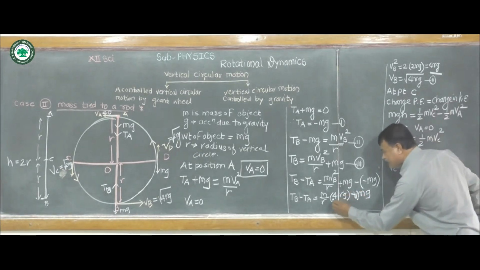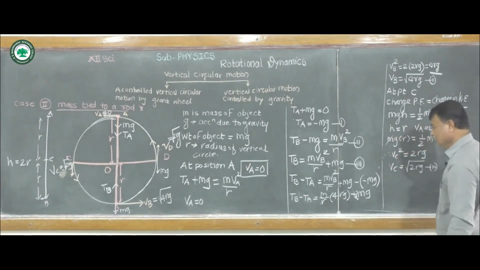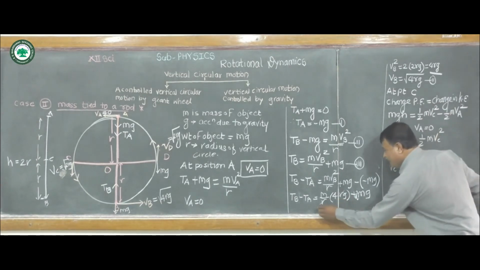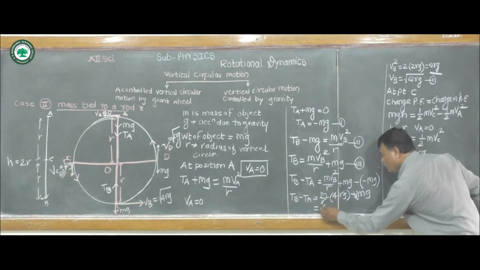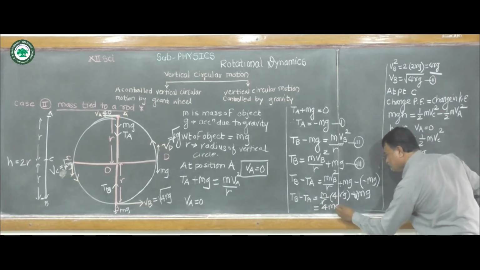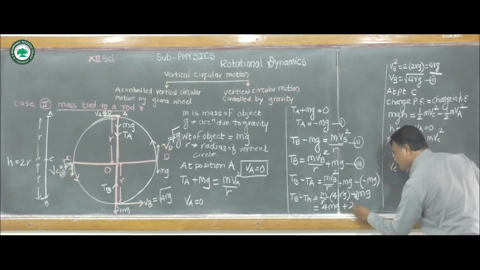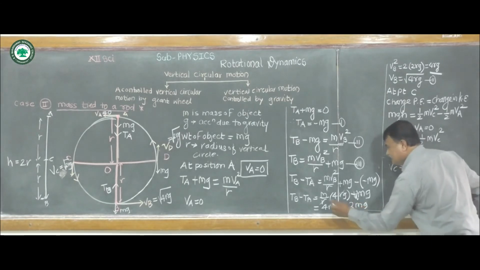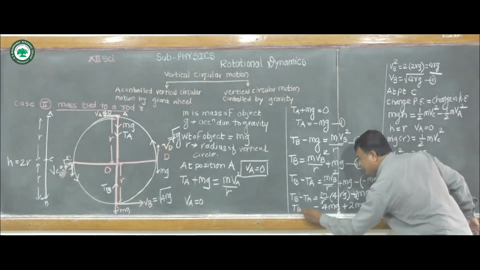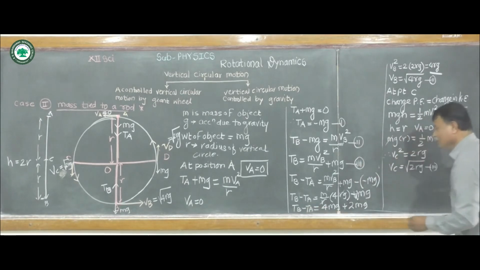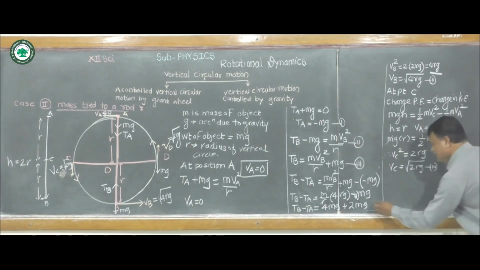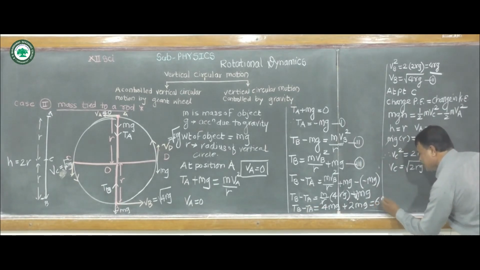Now here r gets cancelled, and then we get finally 4 mg plus 2 mg, that is equal to TB minus TA, and we know that 4 mg plus 2 mg is equal to 6 mg.